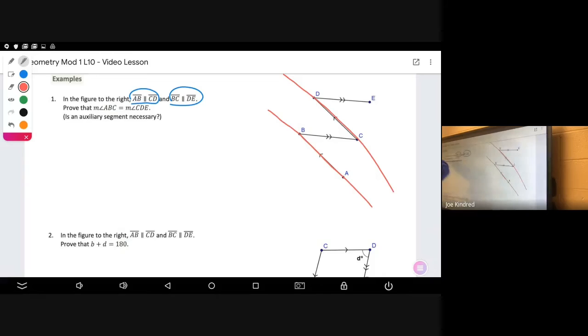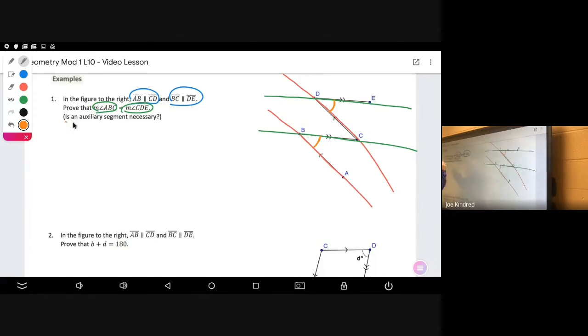At the same time, you see that they give us DE is parallel to BC. And so that's important because now we can see a lot of relationships here. Prove that angle ABC, this angle right here, is equal to CDE. Prove that.